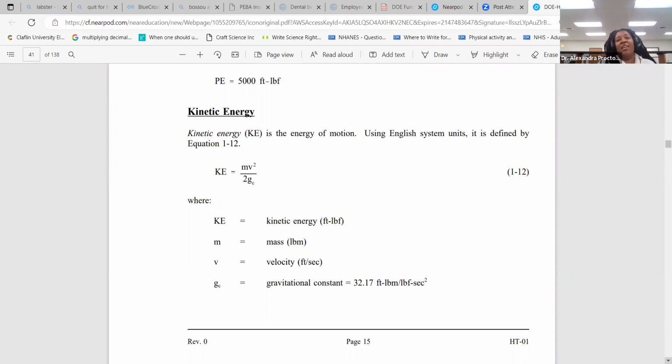So you see a V for volume, total volume, specific volume, and also you see a V for velocity. So try not to get those mixed up. V is velocity, which is feet per second. And gc is still the gravitational constant, which is 32.17 foot pound mass per pound force second squared.